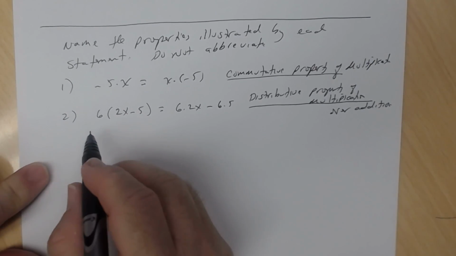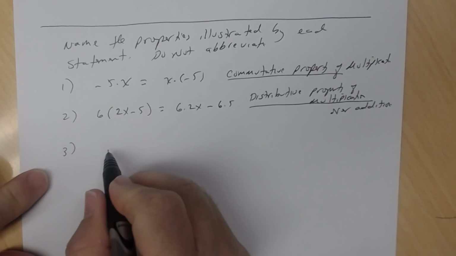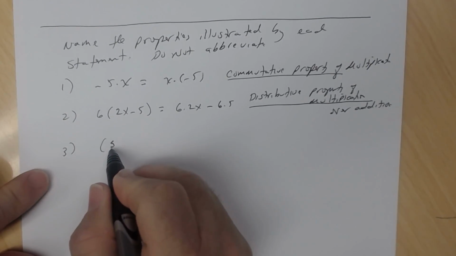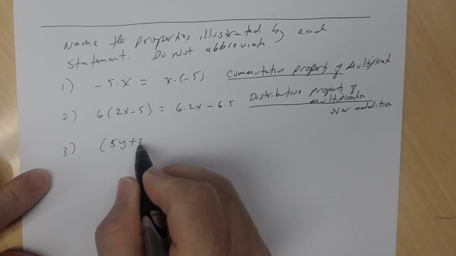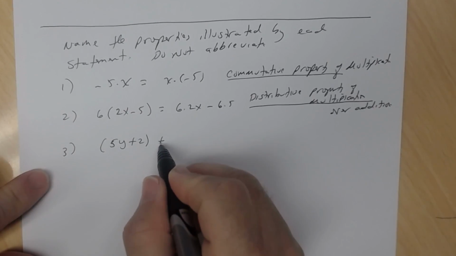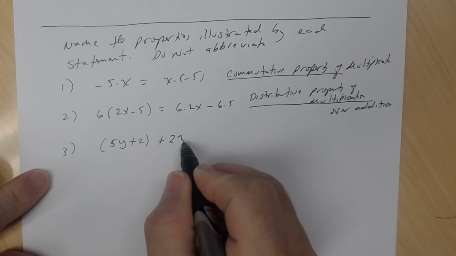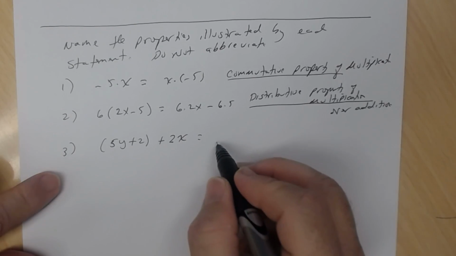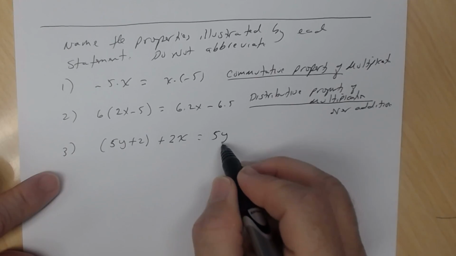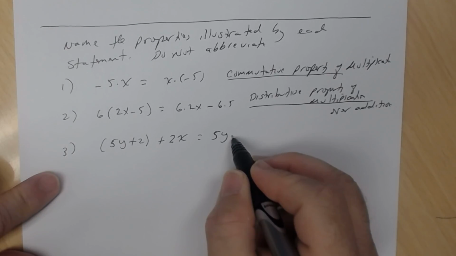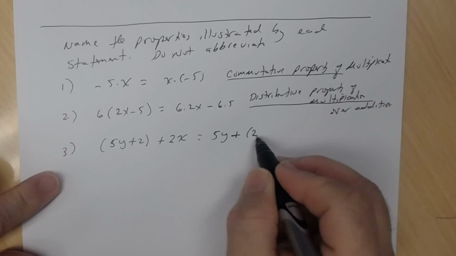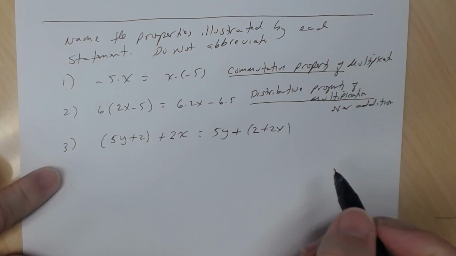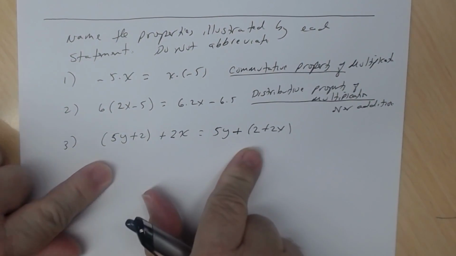All right, next one. Suppose we had 5y plus 2 plus 2x is equal to 5y plus 2 plus 2x, just like this. Okay, look at this side, look at this side.